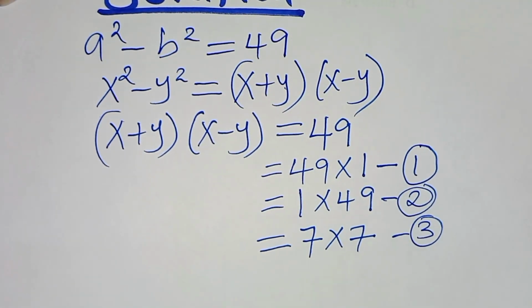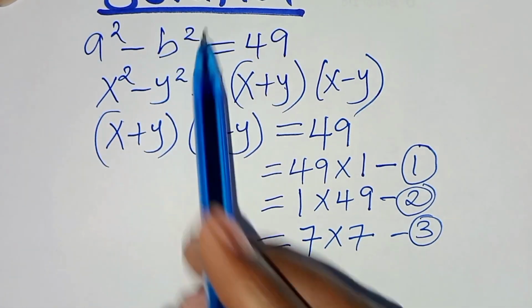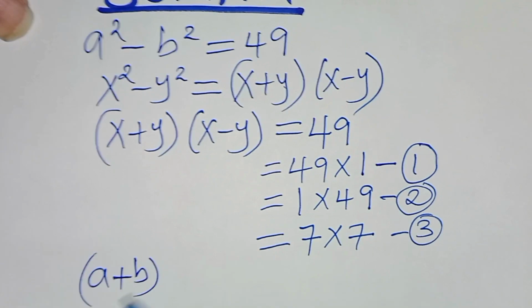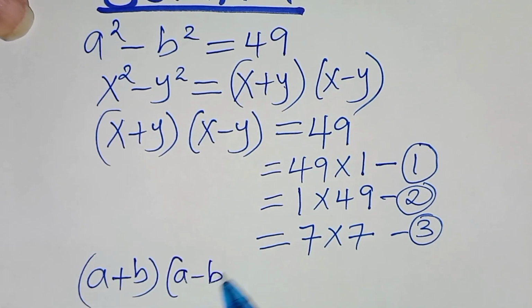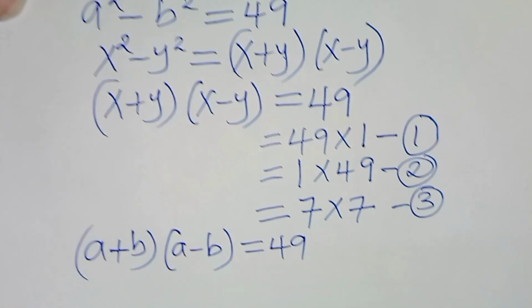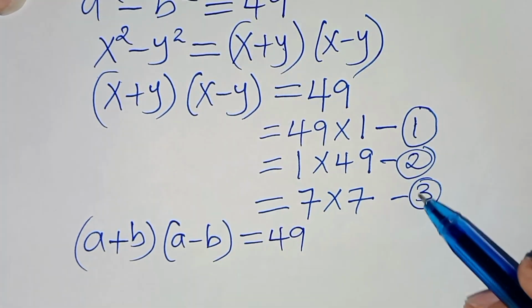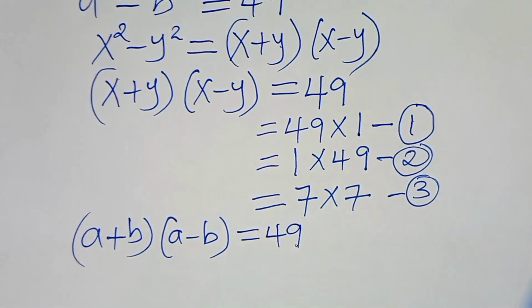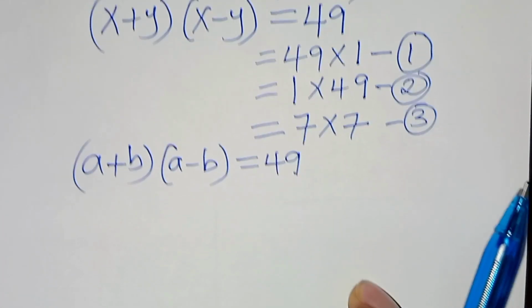Now, from our case here, we have a squared minus b squared, so this is a plus b, a minus b, equal to 49. These are the factors that we multiply to get 49. Let's solve these three cases.